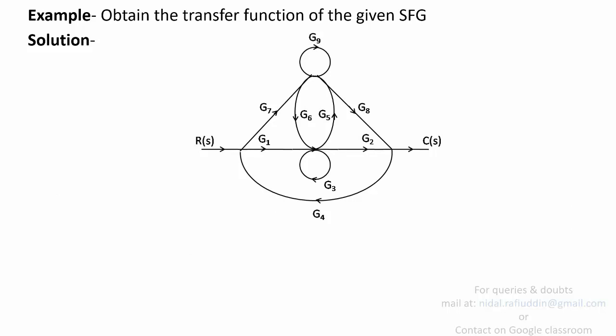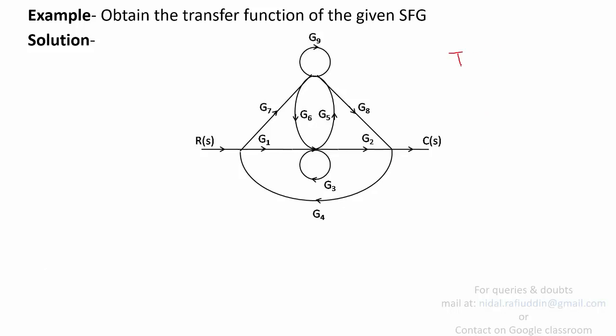So this is a problem where you are given an SFG having multiple loops. It is desired to find the transfer function of the given SFG. Now, if you remember the formula, Mason's gain formula comprises terms like Tk and delta k.